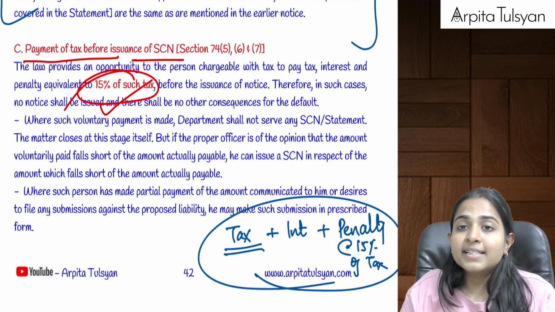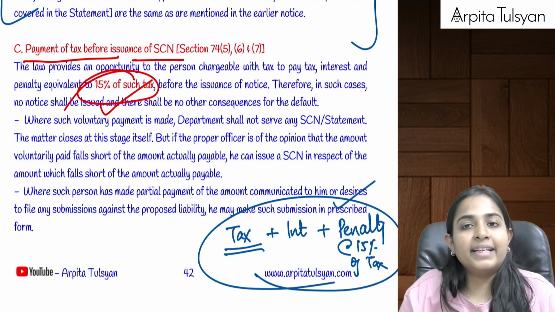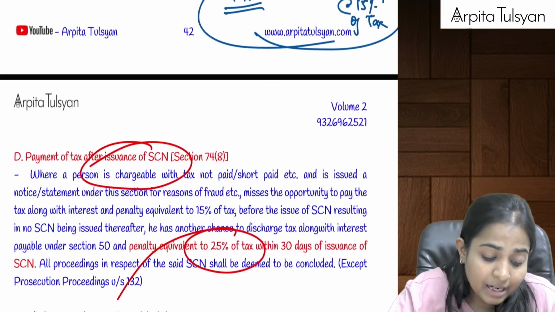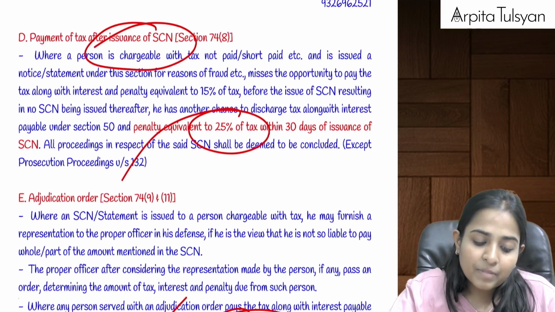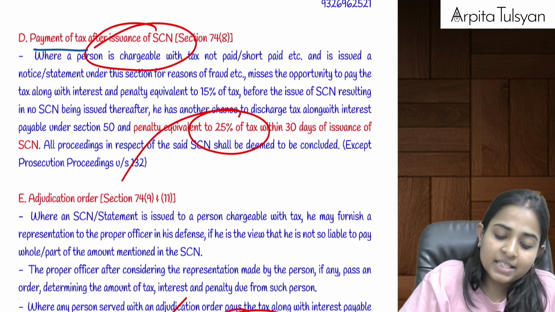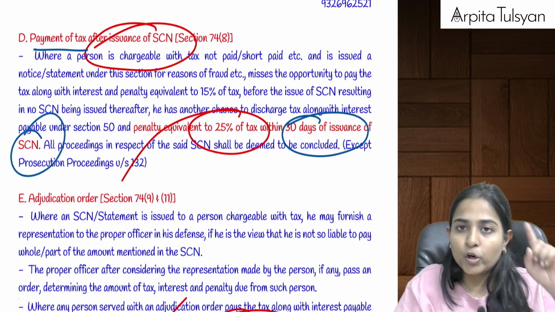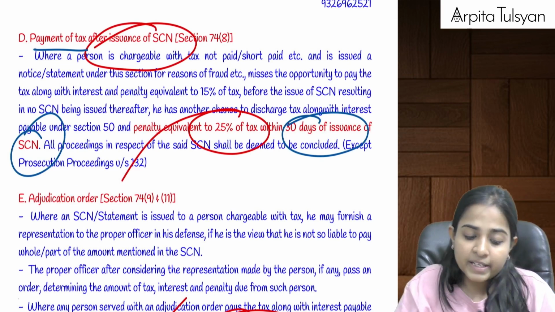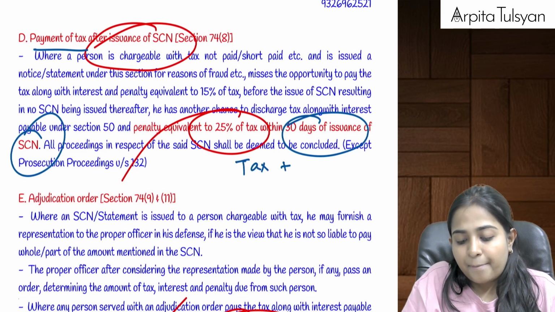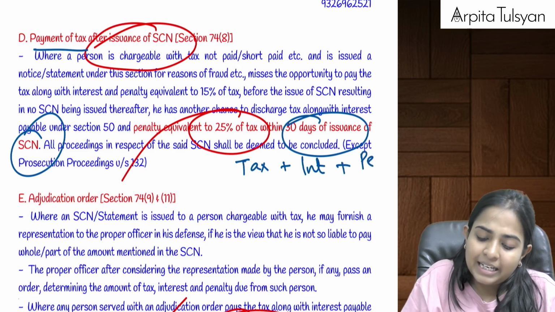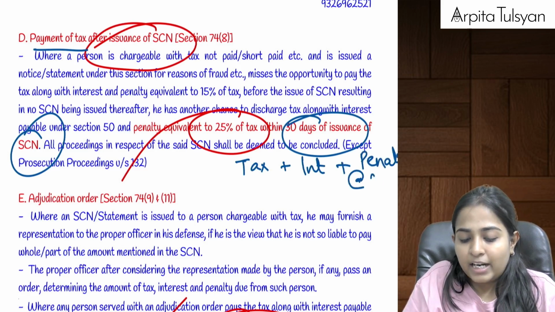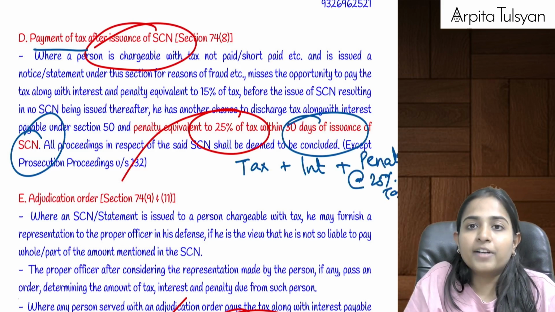Here, because it is done on account of fraud, at least 15% has to be paid. If you pay the tax within 30 days of issue of show cause notice, there it was again 0%. Here it will be tax plus interest plus penalty at the rate of 25% of tax.